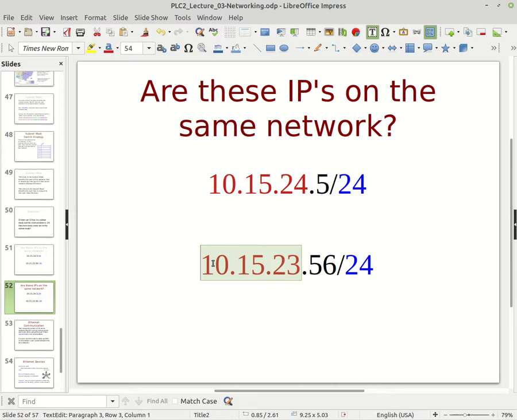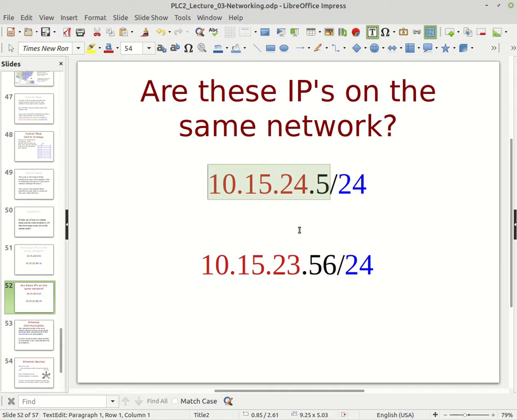They're going to ignore the other computer. So 10.15.23.56, this computer here, is going to ignore this one and vice versa because it thinks they're on a different network, even though they're wired.